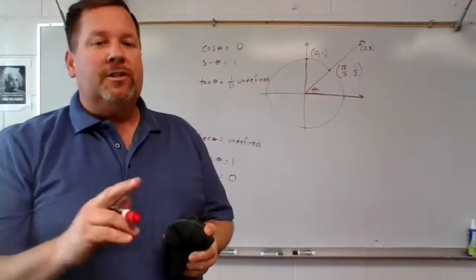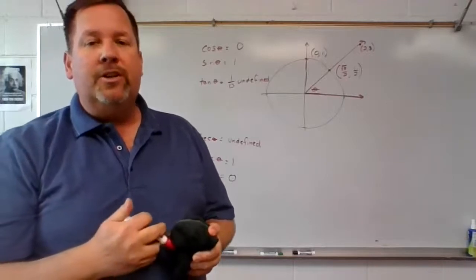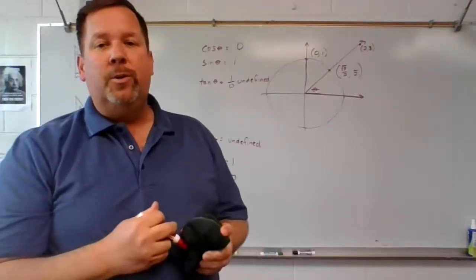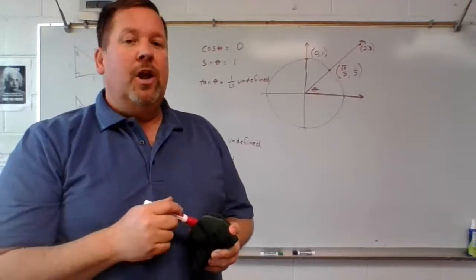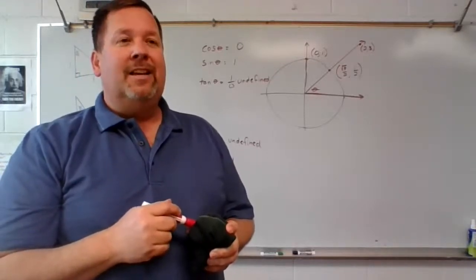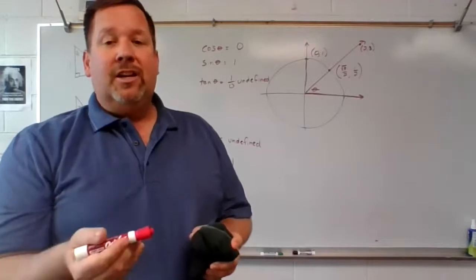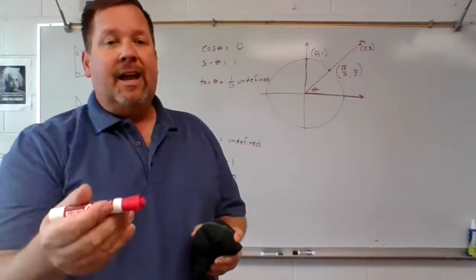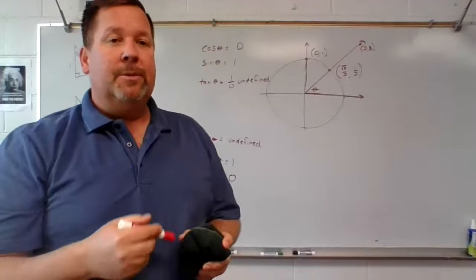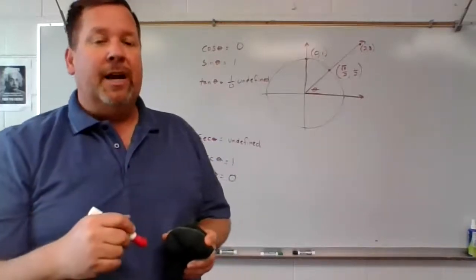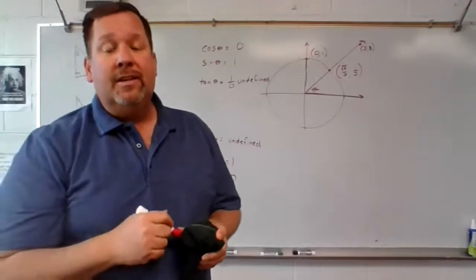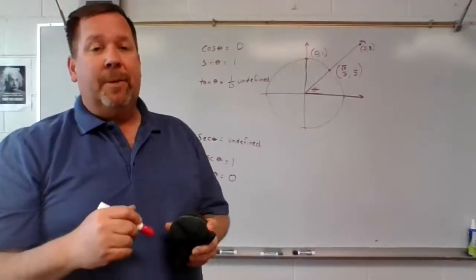And so we know how secant and cosine relate to each other, how sine and cosecant relate to each other, how tangent and cotangent relate to each other. We also learned some identities such as tangent of theta is sine divided by cosine. Sometimes that's called a quotient identity. Tangent equals sine divided by cosine. Cotangent is cosine divided by sine.